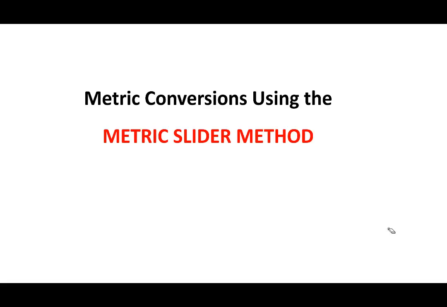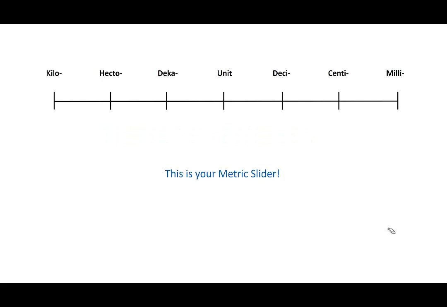And so I'm going to introduce this metric slider method, which I think is super easy for anyone who never liked math. So here is your basic metric slider. You have a line with 7 tick marks, and these tick marks have the prefixes up here. Kilo, hecto, deca. Remember, unit is not a prefix. This is where we're going to have whatever property we're measuring.